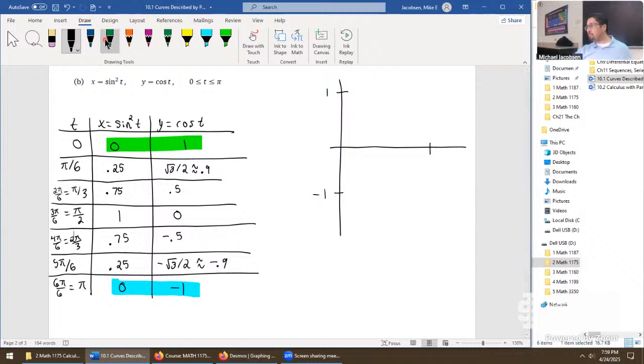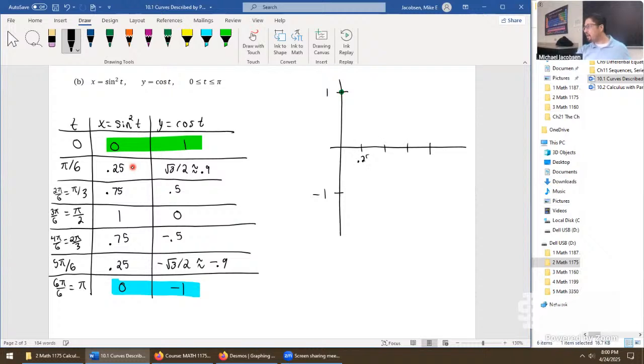So the plot points are going to plot first at 0, 1. So we're up here. Then 0.25 is going to be, hang on here, pi over 6 is 1/2, and 1/2 squared is 1/4. So yeah, 0.25. And then at 0.9, let me put in some extra tick marks here.